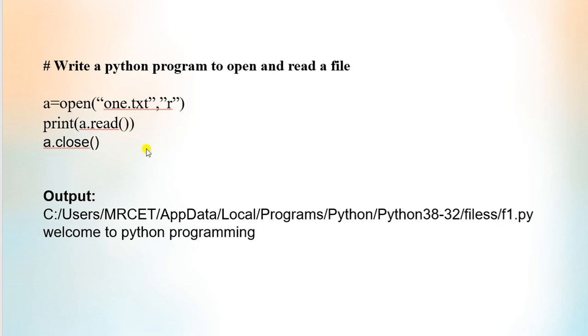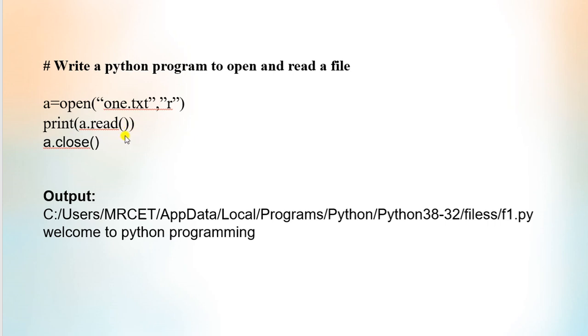Moreover, in the read function, if you want to specify the number of characters, we can pass the number of characters like 5 or 6 or 7 as the parameter in the read function. For example, a dot read of 5.